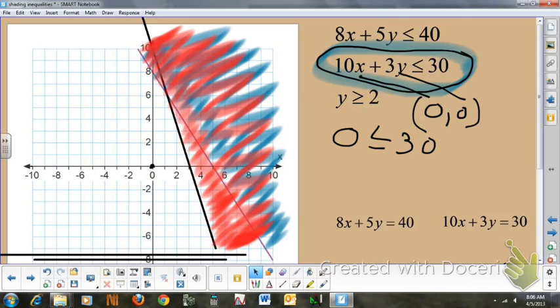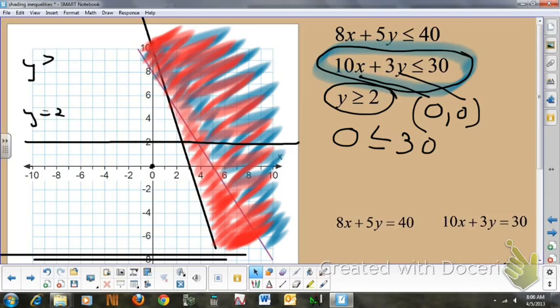Now when we bring in the graph of y is greater than or equal to 2, we simply start with a straight line, y is equal to 2. This is the line y is equal to 2. Now, if y has got to be greater than or equal to 2, then you don't even have to test a point. You can, but logic says that anything above the line is going to be where y is greater than 2.